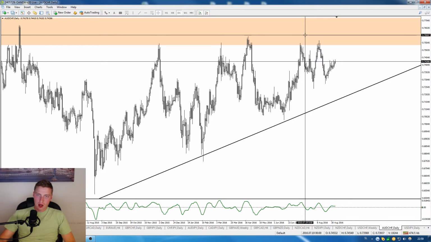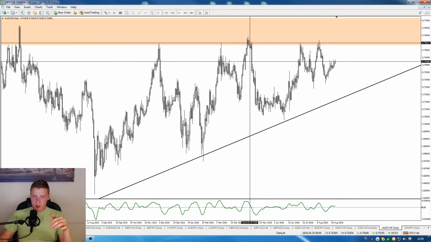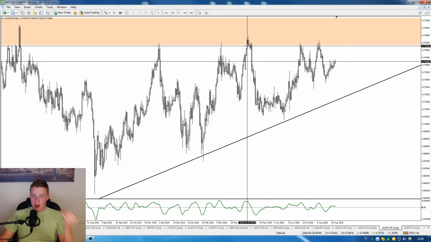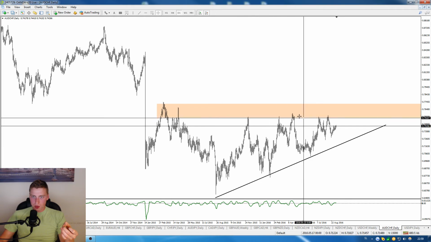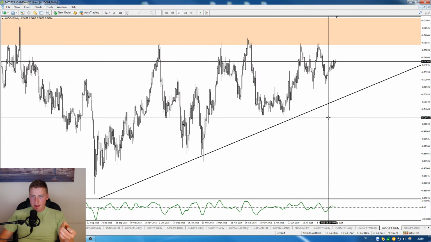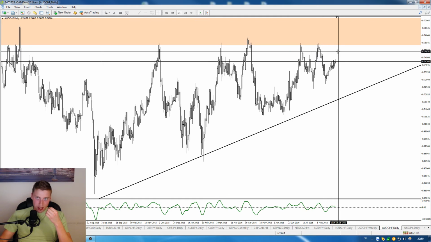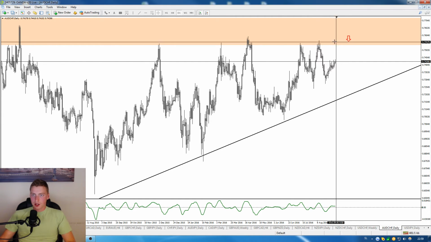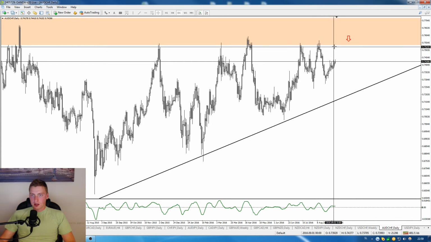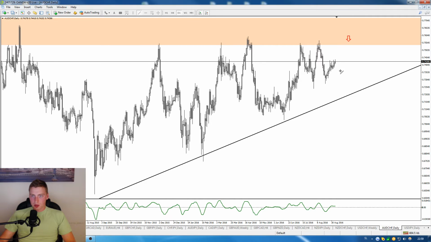So here's the trick. When I was talking about that, I don't like a lot of touches on a resistance or support. Here's the good example. You can see 1, 2, 3, 4, 5 touches, and now I will not short right here again, because it's more likely that price will sooner or later break this wedge to the upside or to the downside.